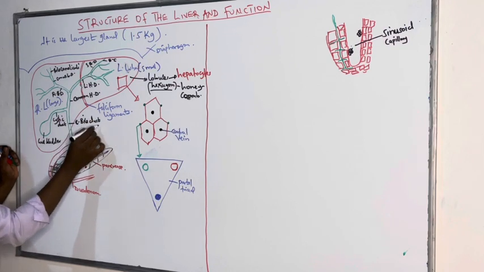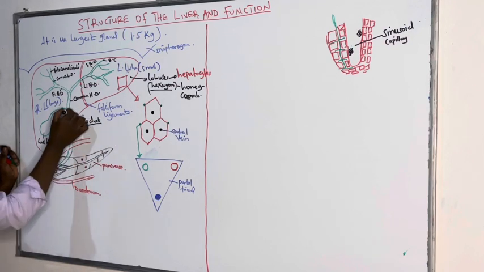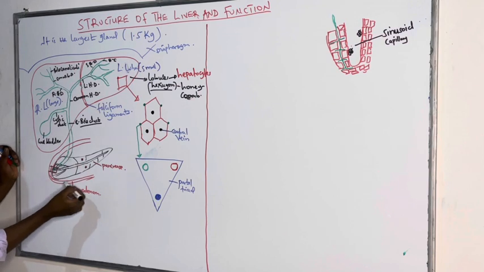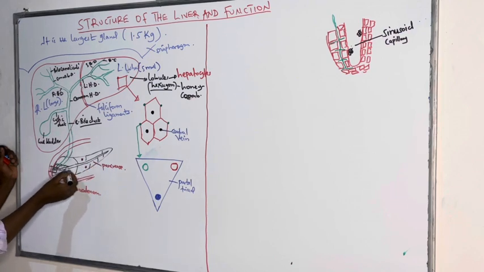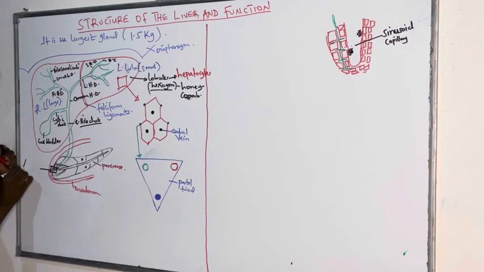The common bile duct continues into the duodenum, part of the small intestine, and meets the pancreatic duct and the duct of Santorini at an ampulla known as the ampulla of Vater, or the hepatopancreatic ampulla.